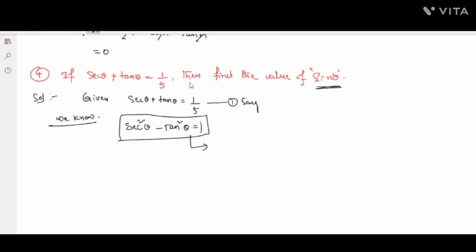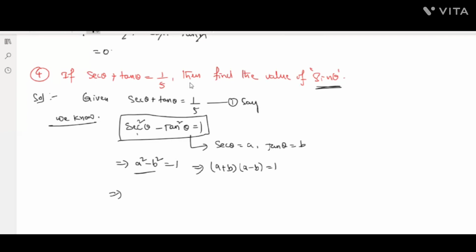If I assume secant theta as A and tan theta as B, this formula becomes A square minus B square is equal to 1, which can be written as (A plus B) into (A minus B) is equal to 1.